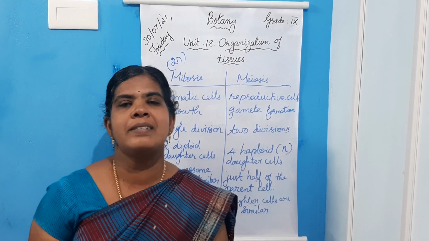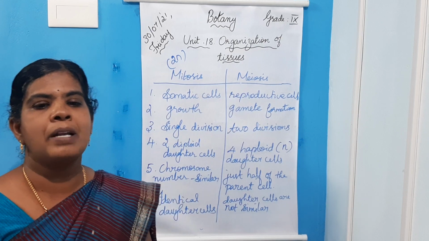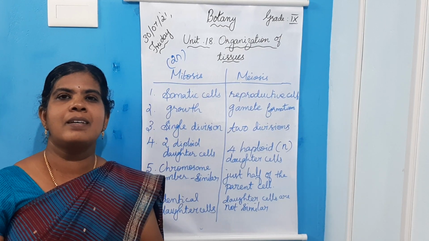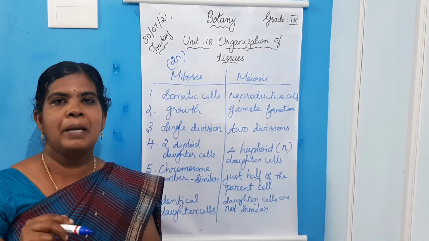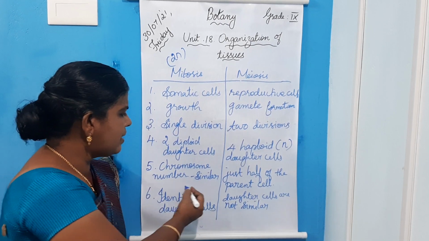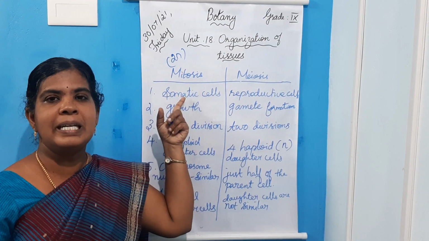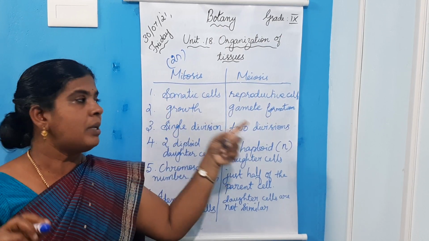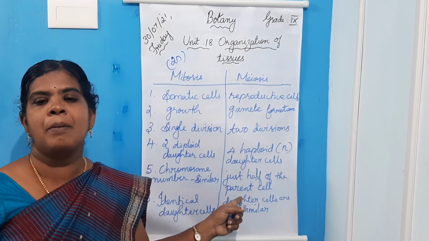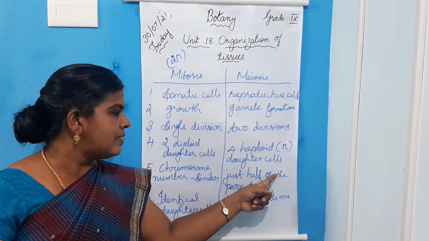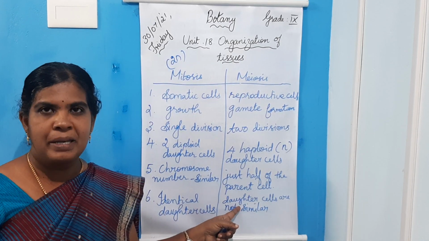Then the fifth difference is that the chromosome number in the daughter cells is similar to the parent cell, so mitosis is also called equational division. What about meiosis? The chromosome number in the daughter cell is just half of the parent cell.